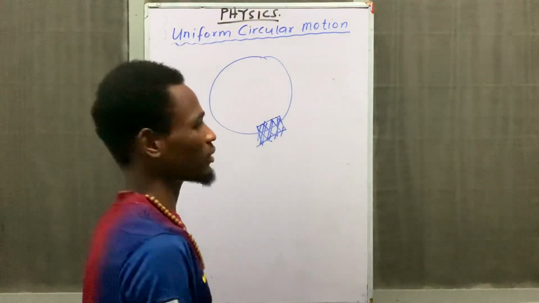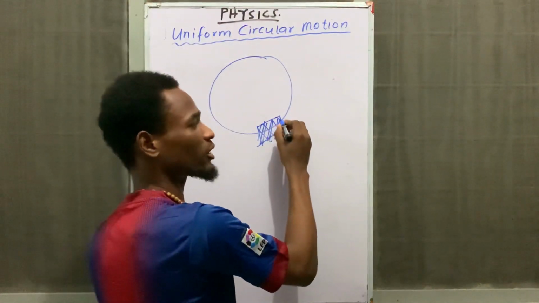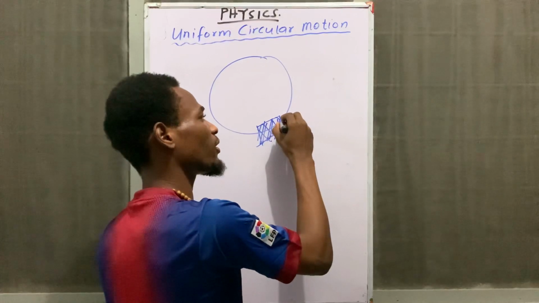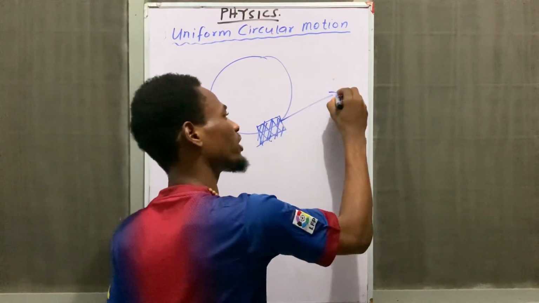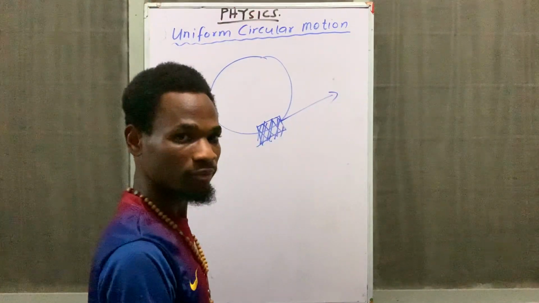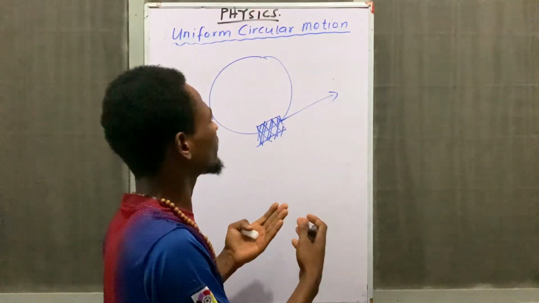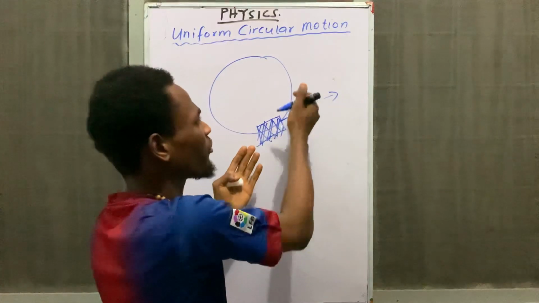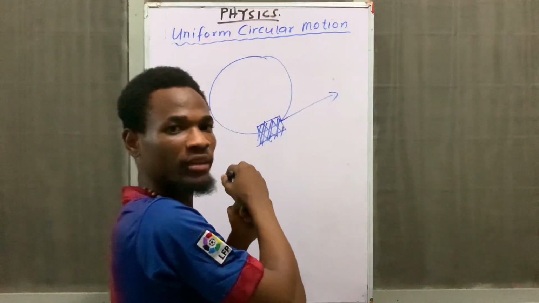Okay, now at this particular instance, you realize that the body is pointing in this direction. Let's say at another time, you realize that the body might have reached this point.